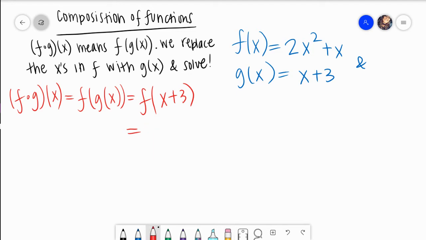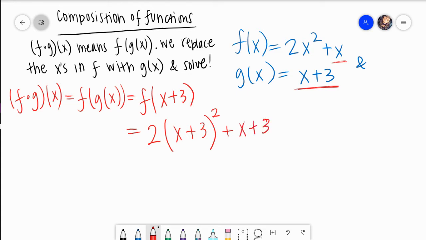I get 2, and then there's an x, so what I do is plug in x plus 3. In my original f of x, it's being squared, so here it's also being squared. And then plus, I have an x, but because I'm plugging my g of x into my f of x, I'm going to change it to x plus 3.